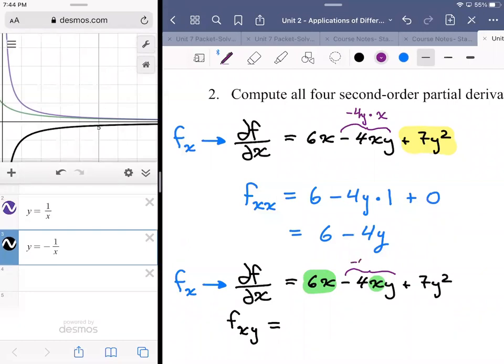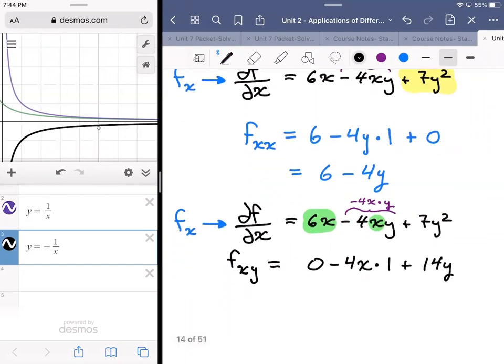I'm looking at this as negative 4x times y, and I'm differentiating with respect to y. 6x goes to 0, since there's no y in it. Hang on to the constant multiple, negative 4x, y goes to 1, and the derivative of 7y squared would be 14y. Clean it up.